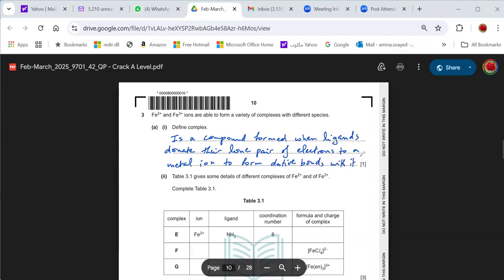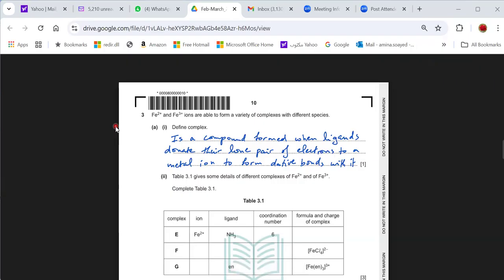So this is the definition of a complex. It's when ligands donate their lone pair of electrons to a central metal ion to form dative bonds with it.